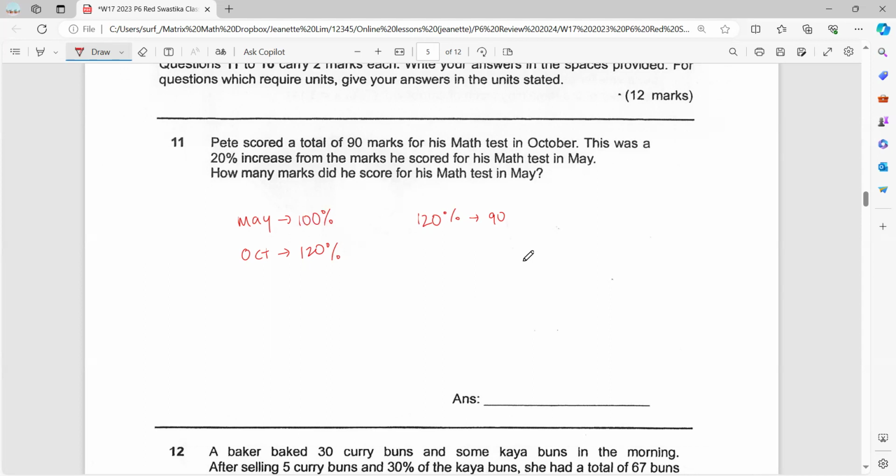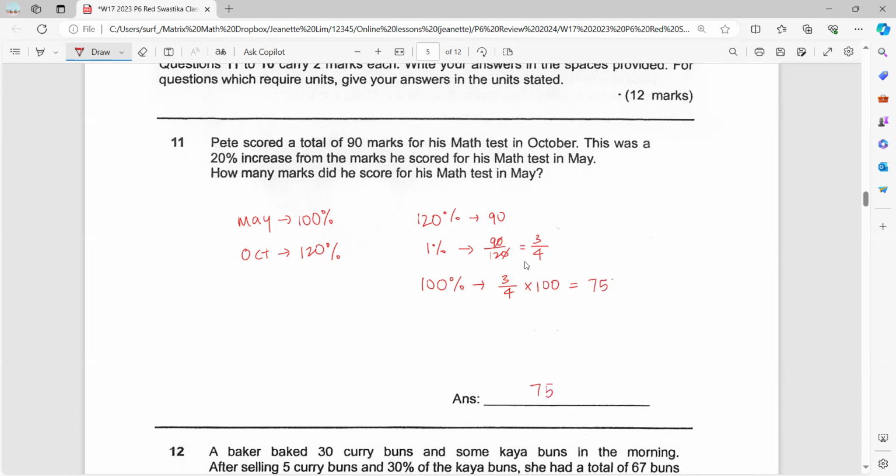So what I'll do is I'll find 1%. Now, it's a bit hard to do 90 divided by 120 without a calculator, but this is what I'll do. 90 over 120. Simplify until you get the simplest form, which is 3/4. Okay, so now I use this 3/4 to find 100%. This will be much easier. 3/4 of 100 is 75.